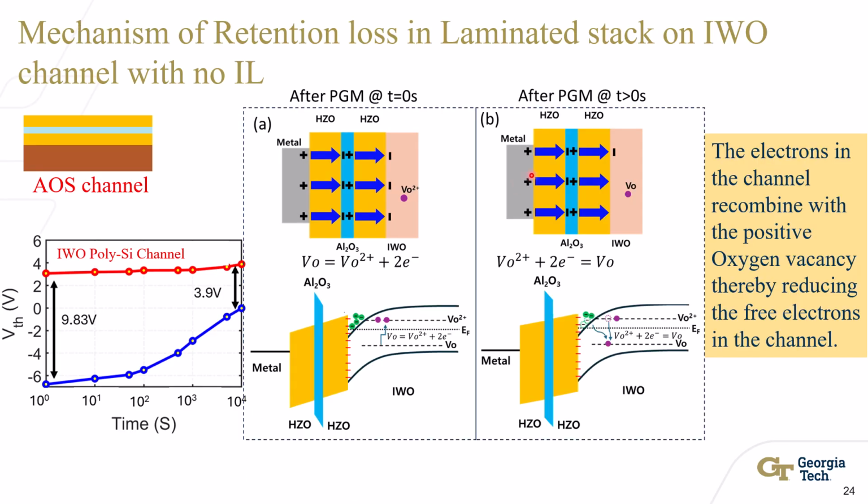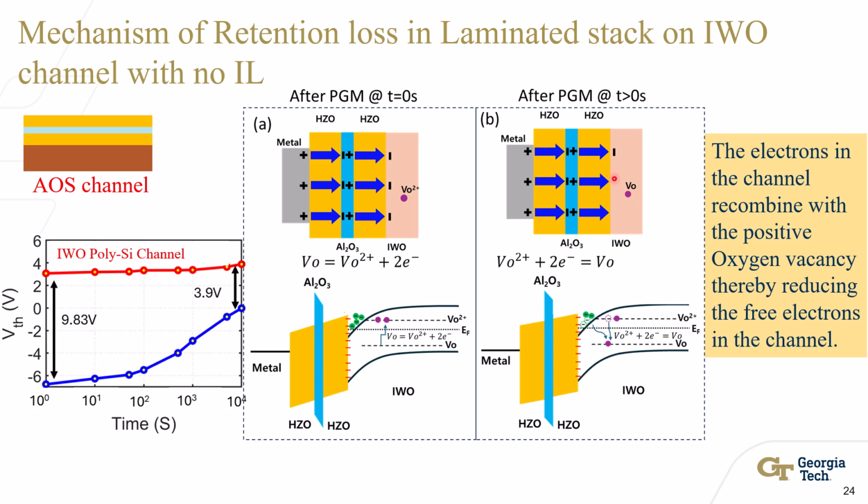At t greater than 0 seconds, after long retention times, the electrons that were initially screening the polarization tend to recombine with the positive oxygen vacancies, as we see here, in order to form a fixed oxygen vacancy, because that is energetically more favorable.